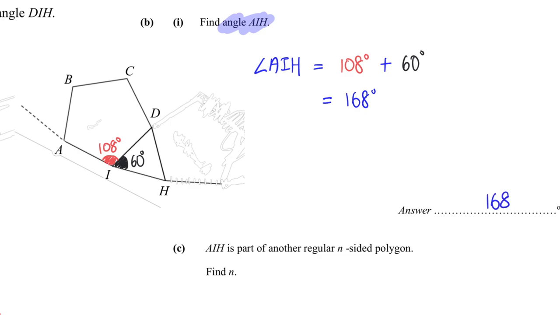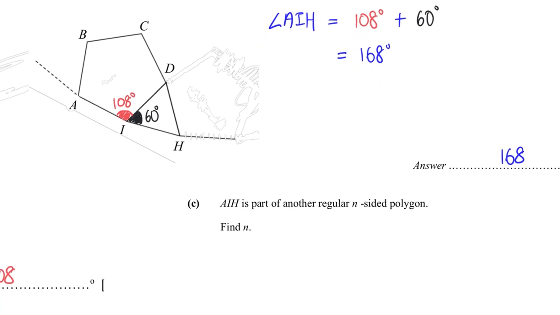And this is part of another regular n-sided polygon, which means that this angle AIH is actually an interior angle of another regular n-sided polygon. That is what part C is trying to say.